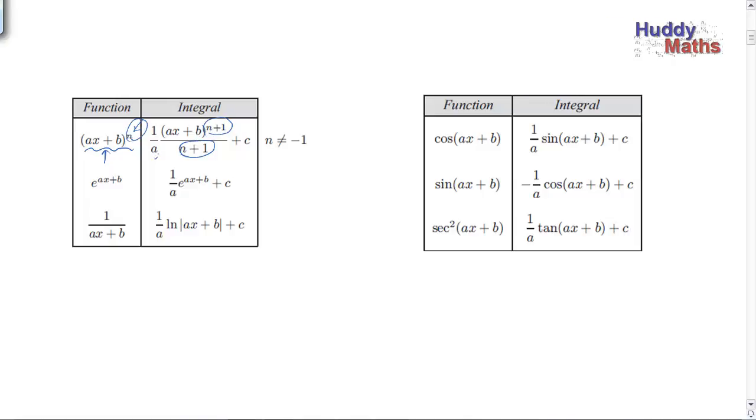And we have to divide by the derivative of what's in here, the ax plus b, because when we differentiate this, we do the power first and then multiply by the derivative of that function inside. So we've got to do the reverse there. Just noticing plus c, and also n cannot be negative 1, because we would be dividing by 0.